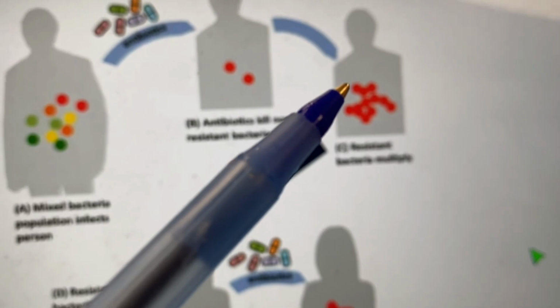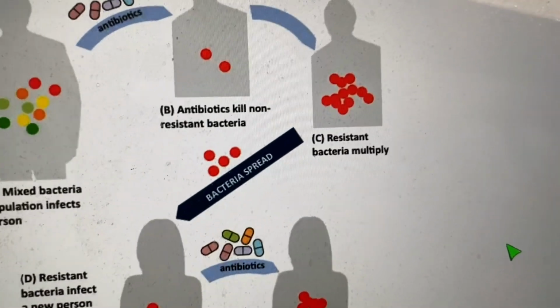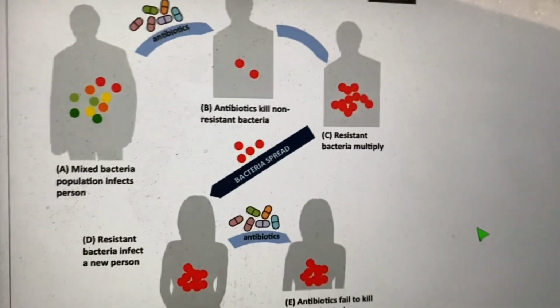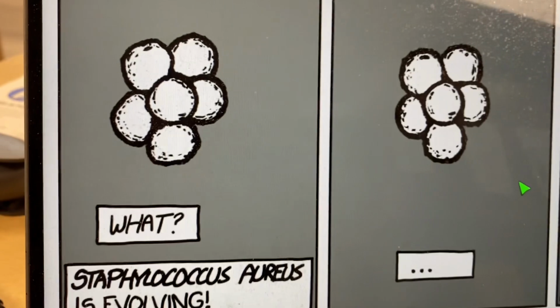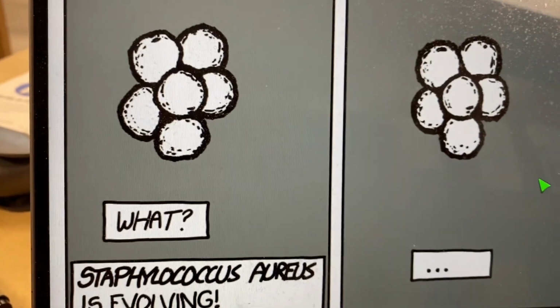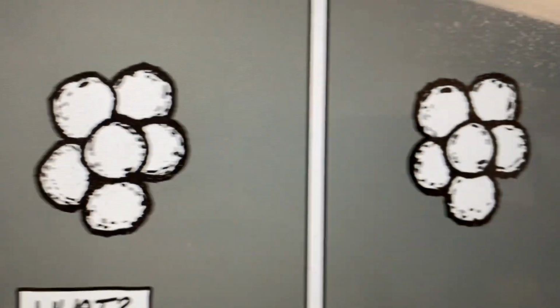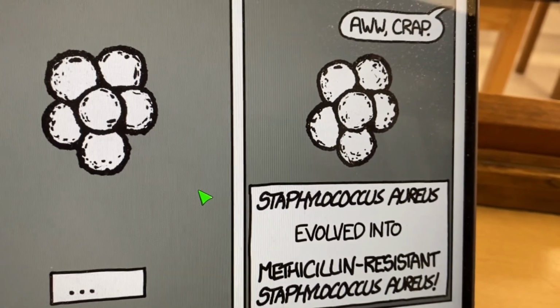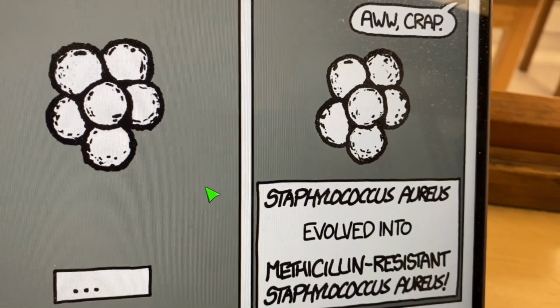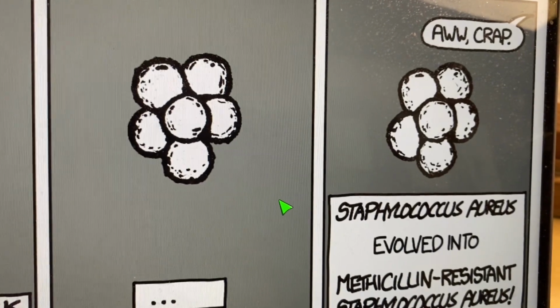And then guess which ones get to reproduce? That's right, the ones that were hardest to kill. 40 years of antibiotic misuse and overuse led to MRSA. Staphylococcus aureus has evolved, has changed from one type to now a second type called MRSA. And that only took 40 years or so, and it was done through natural selection, probably spearheaded by people using antibiotics.